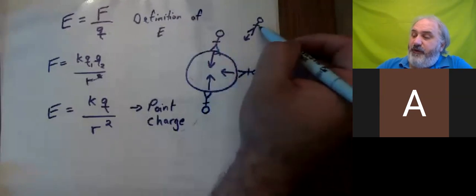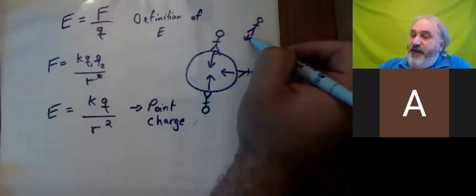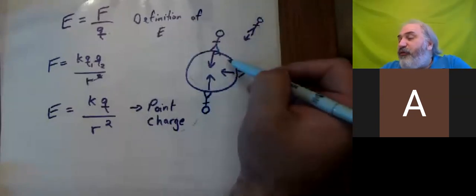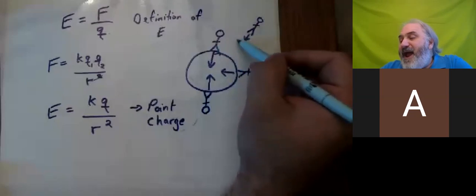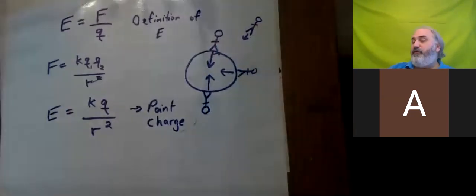This guy over here in the Dragon space capsule, he feels a force in yet still another direction. And because he's further from the Earth, the magnitude of that arrow is even smaller. So depending on where you look, you get a different magnitude and a different direction for the force of gravity.